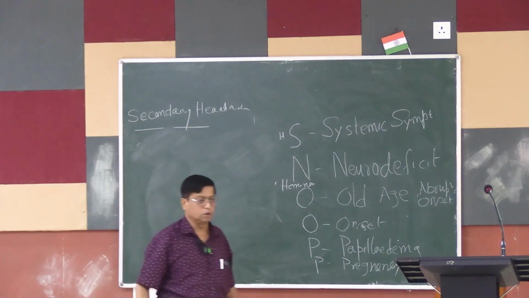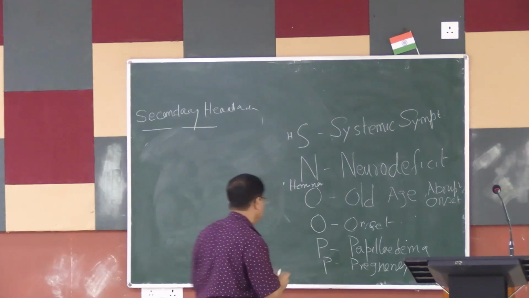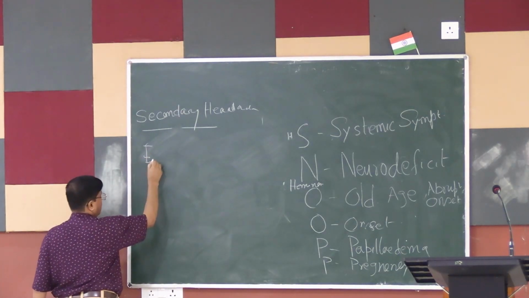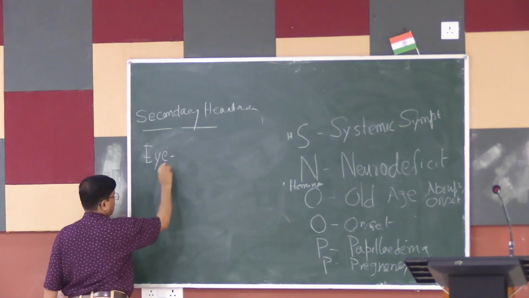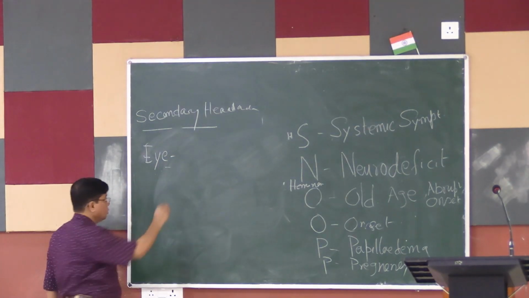Remember these important causes. There are several thousand, but I am just mentioning the important causes of secondary headaches. Next, come to the eye. The eye is an important cause of headache: angle closure glaucoma.